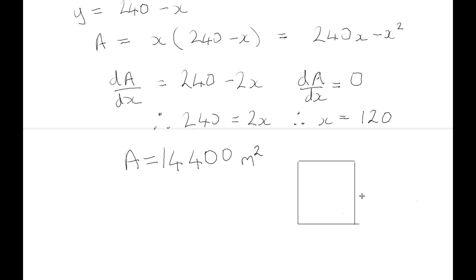It's not quite a square, but it's 120 along here. So we've got here 120 meters. That means that in the middle there, if somebody walks up to it, up to the fence, the closest they can get is 60 meters.